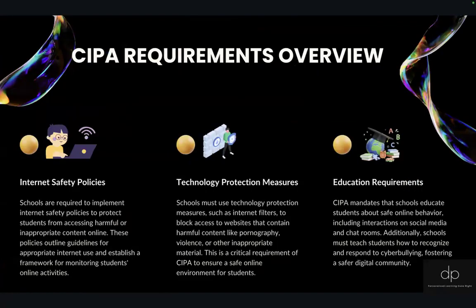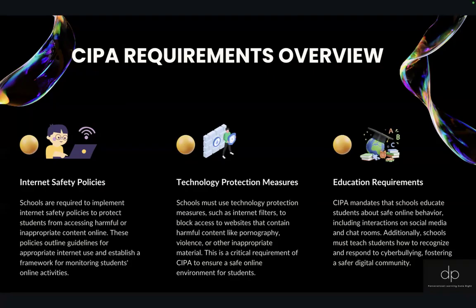So the SIPA requirements overview. Now, the internet safety policies and the technology protection measures are mostly going to be taken care of by the district. Internet safety policies include that schools are required to implement internet safety to protect students from accessing harmful or inappropriate content online. We take care of this by blocking certain websites, blocking certain apps, put in special filters on other apps like YouTube.